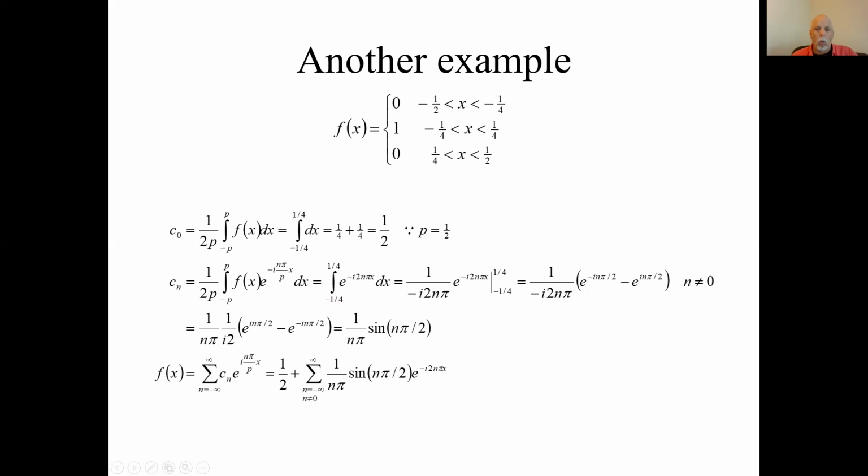They just plug in P right off the bat. But the function is 0 up to -1/4, and then from 1/4 on up, and 1 in between. So f of x will be 1 from -1/4 to 1/4. So be careful with those limits.